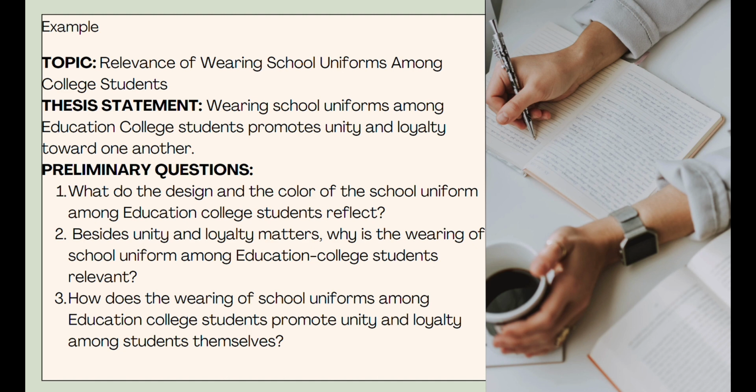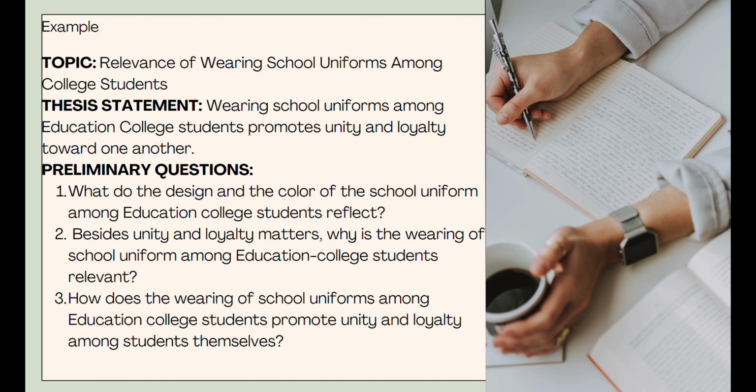Wearing school uniforms among education college students promotes unity and loyalty toward one another. And of course you have to provide questions as well. So these are the 3 questions. First, what do the design and the color of the school uniform among education college students reflect? Besides unity and loyalty matters, why is the wearing of a school uniform among education college students relevant?